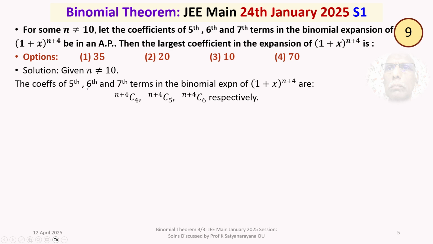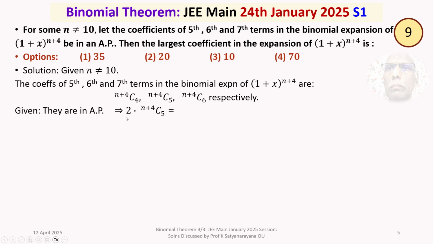The coefficient of the 6th term is (n+4)C5. 7th term, the coefficient is (n+4)C6 respectively. We are given these three are in arithmetic progression.